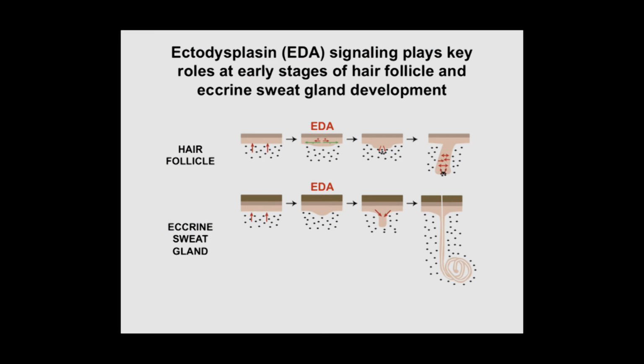For both hair follicles and eccrine sweat glands, the ectodysplasin signaling pathway plays very key roles at early stages of development. And indeed, loss of function of this pathway in humans leads to syndromes where there's really an absence of all these organs. More relevant to evolution, though, it turns out that there's a variant of the receptor for ectodysplasin, which is associated with increased activity of this receptor.